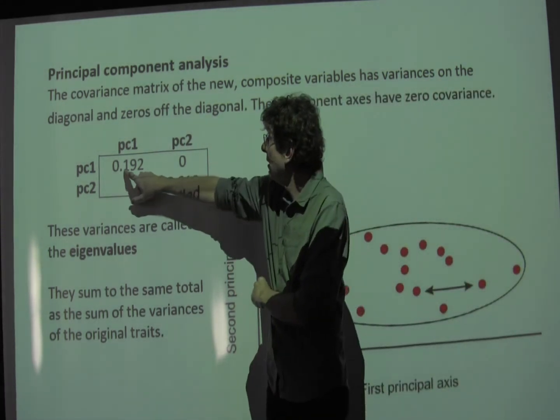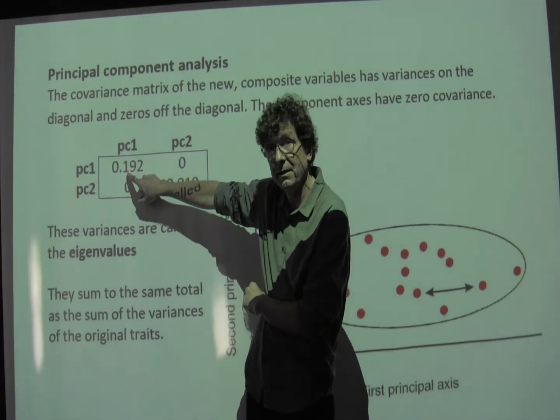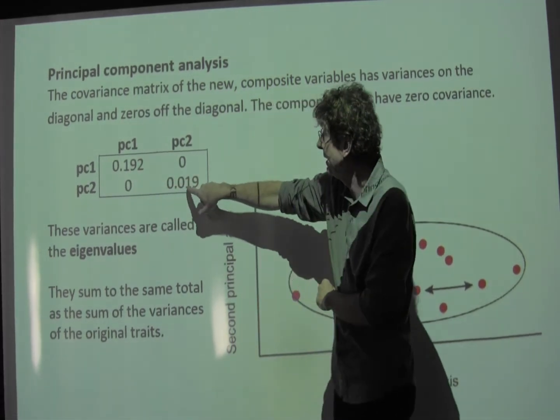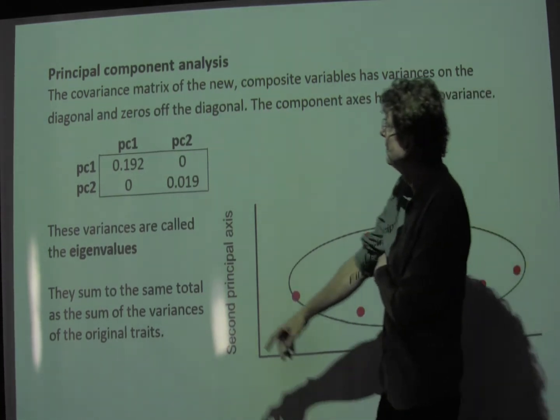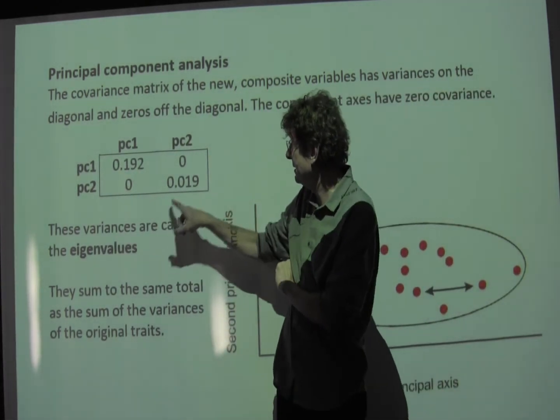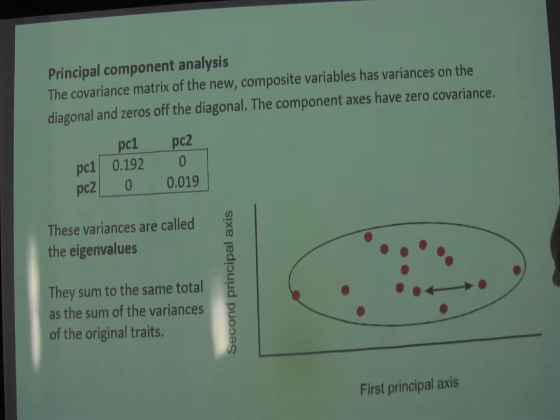What's along the diagonal is the variance of the measurements along the first axis and the variance of the measurements along the second axis. And just to keep things complicated, these variances are called eigenvalues. You've probably heard about eigenvalues, and that's all they are. It's just the variances of those new axes.